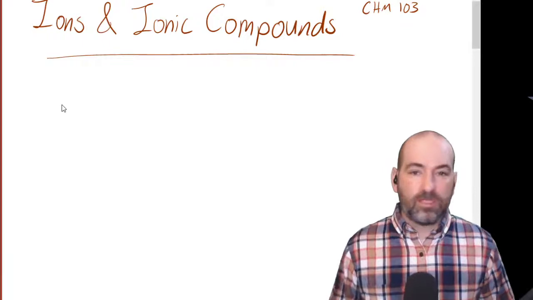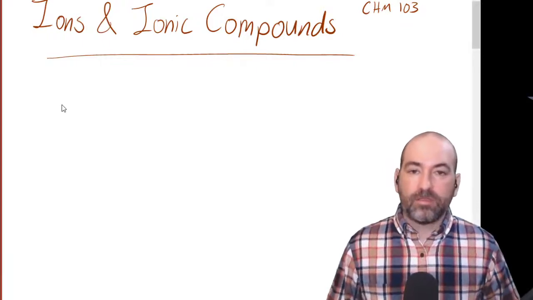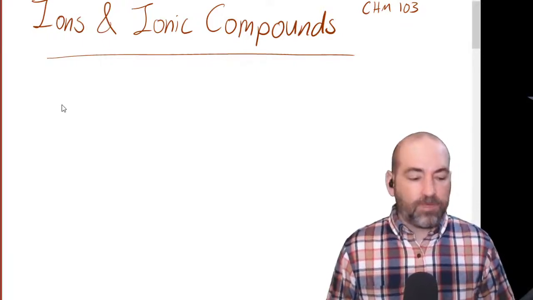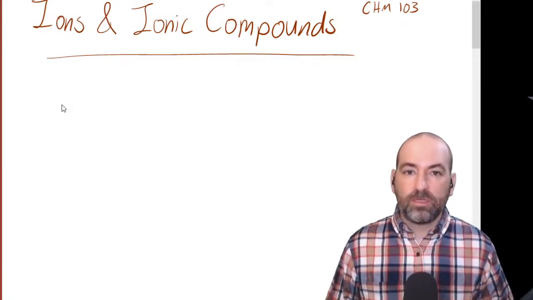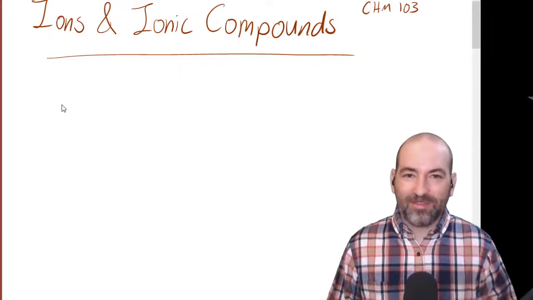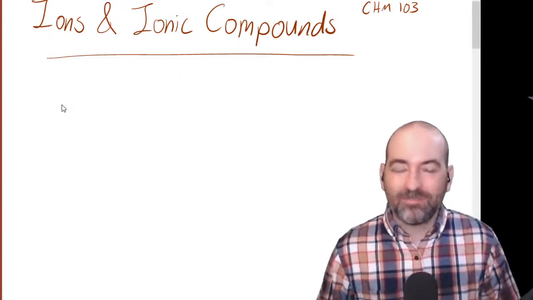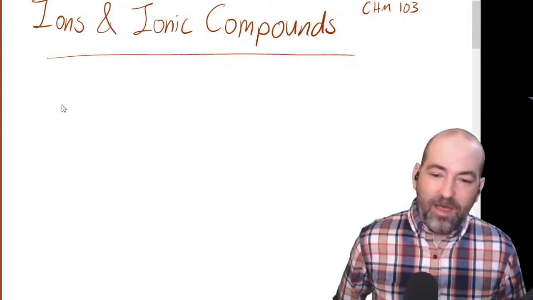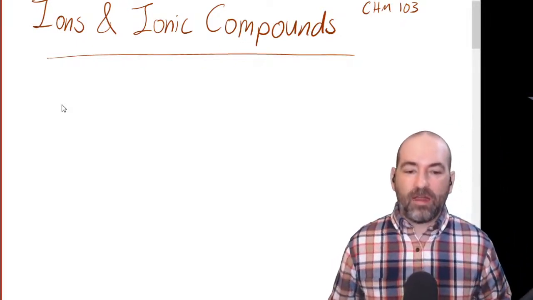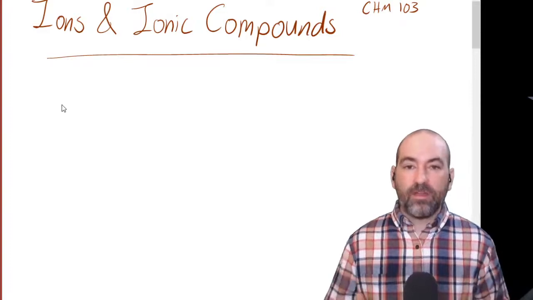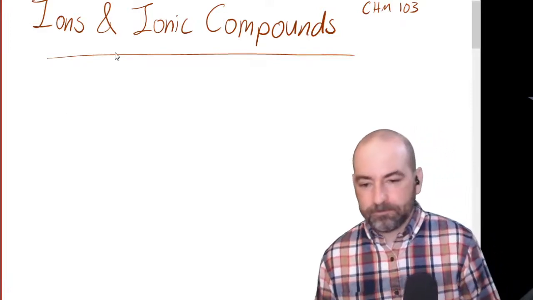But there's a whole other class of chemicals, the ionic compounds, that bond in a different way through ionic interactions. Now, we talked about ions back at the beginning when we looked at the structures of atoms and how many electrons and protons and neutrons, and that kind of stuff. So this is extending from there, and now we're going to look at what happens when those ions come together to form compounds.